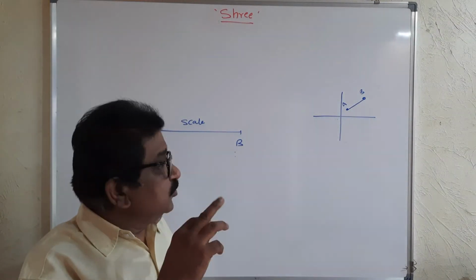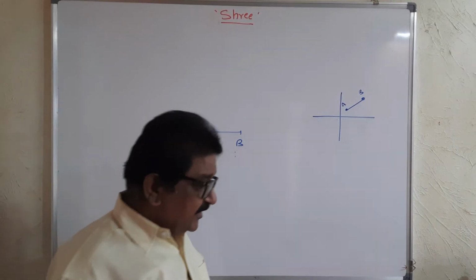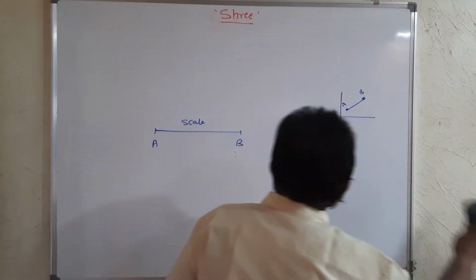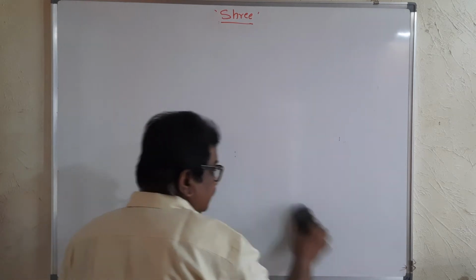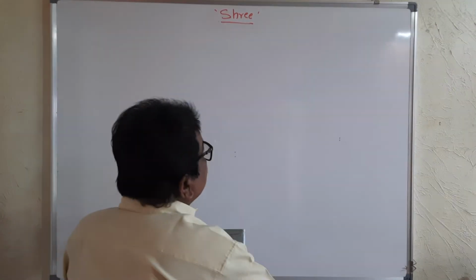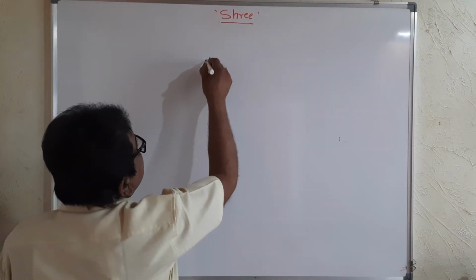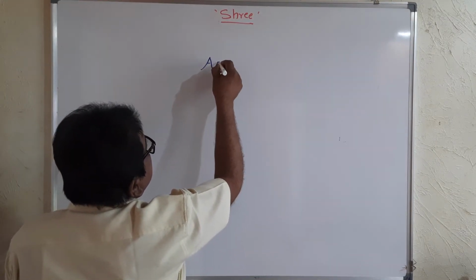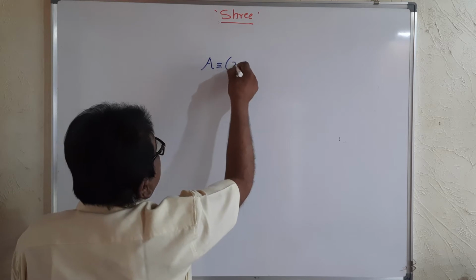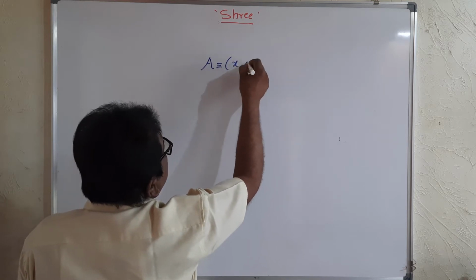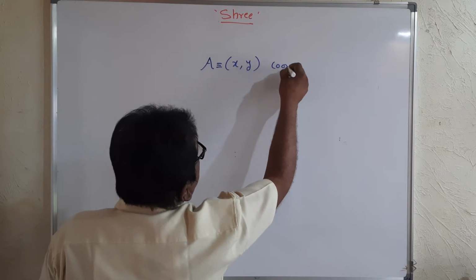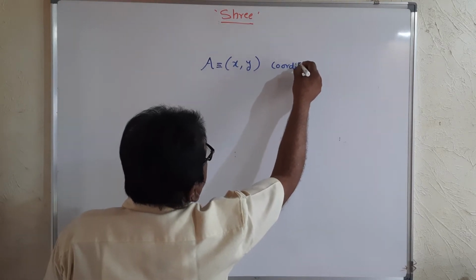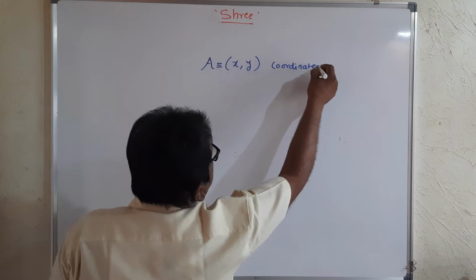So to find a graphical distance, there is a formula. You know, each point corresponds to two coordinates.